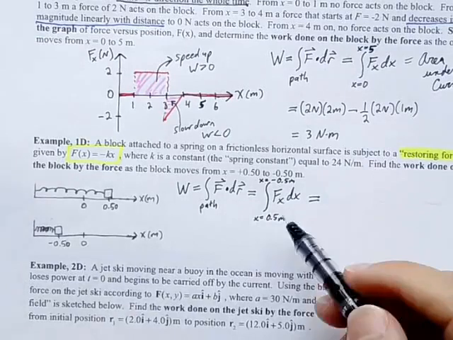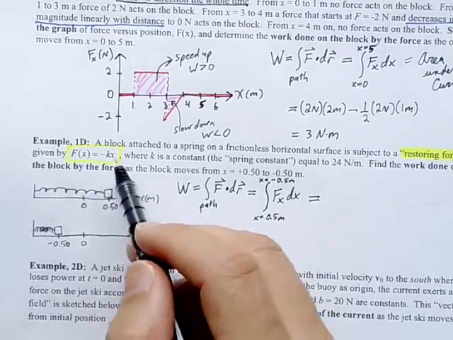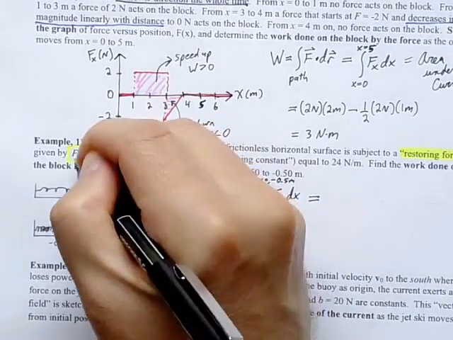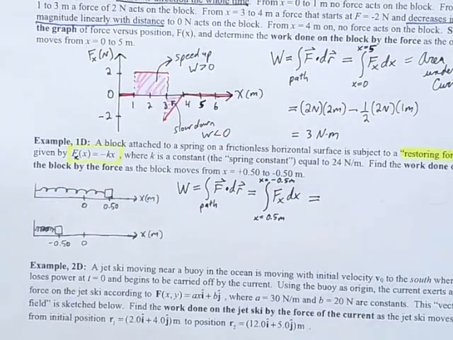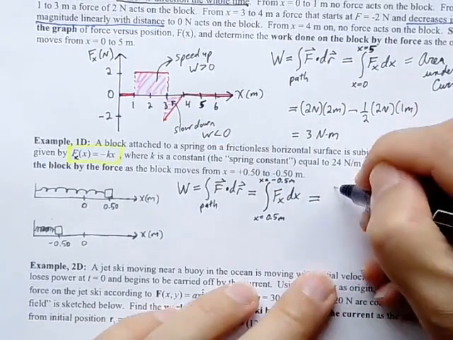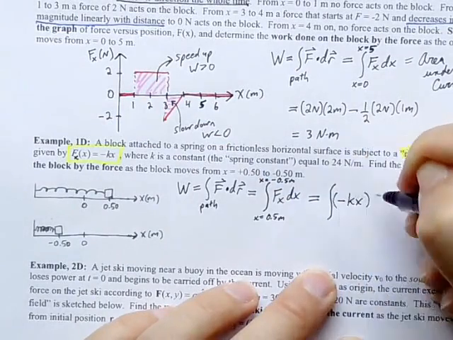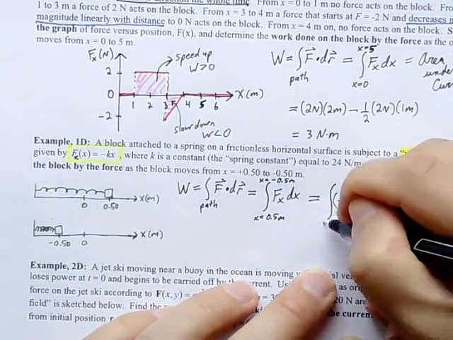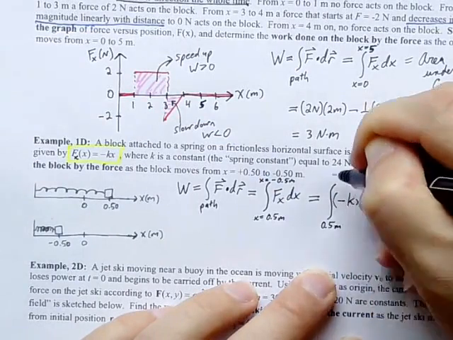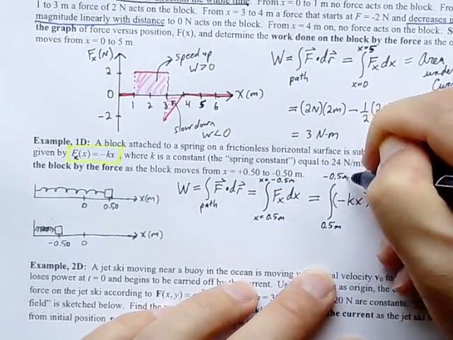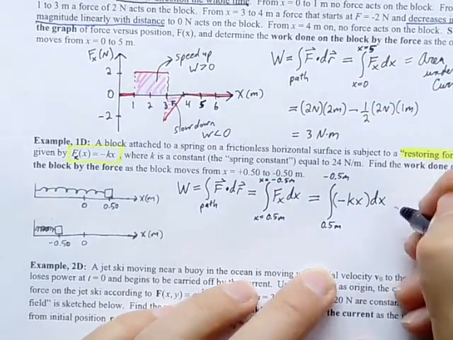Now, since this time we're given the force as a function of position, Fx as a function of x, we can substitute that into our integrand. So this becomes the integral of the opposite of kx dx from 0.5 to negative 0.5 meters.